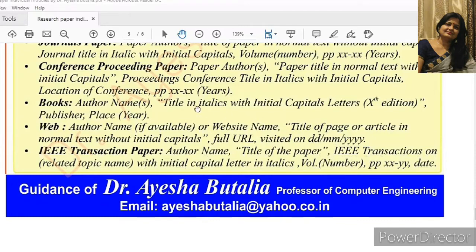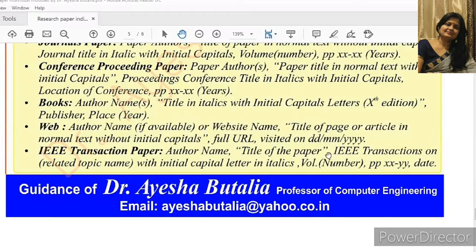But if it's a conference paper, then the "in proceeding of" should not be in italics, and the conference name should be in italics. So it will be "in proceeding of IEEE Conference on", and the title should be in italics. Here you should not write "in transaction of", whether it's a transaction or journal paper.